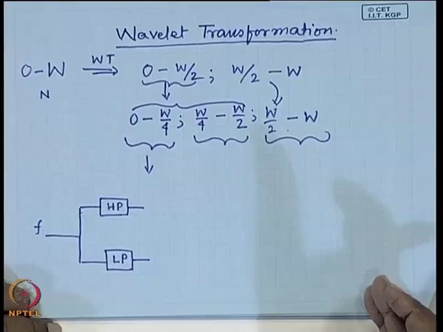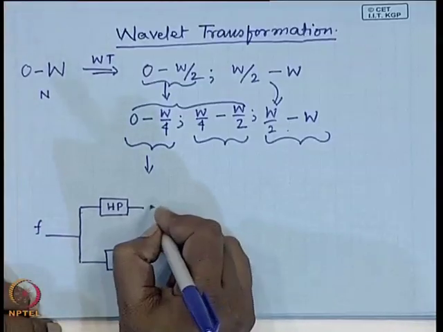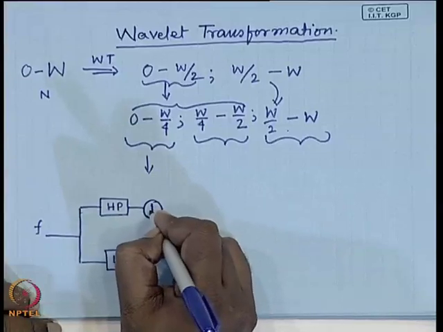So, I do not have to retain n samples, but by using n by 2 samples, I retain the same information. So, there is a concept of subsampling by a factor of 2.